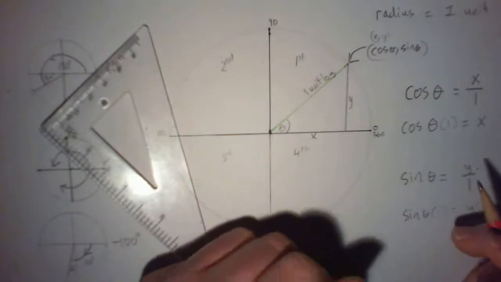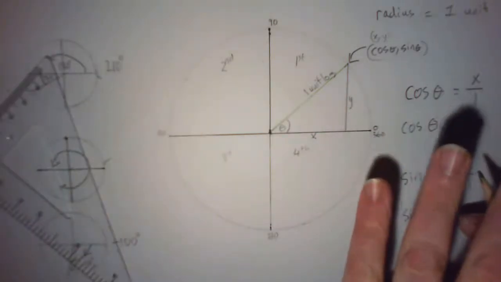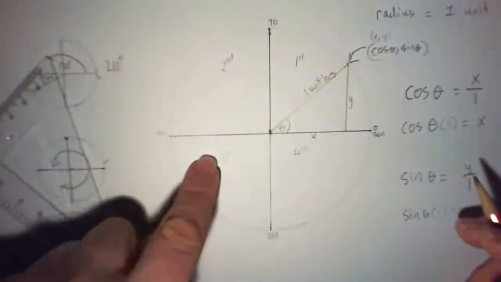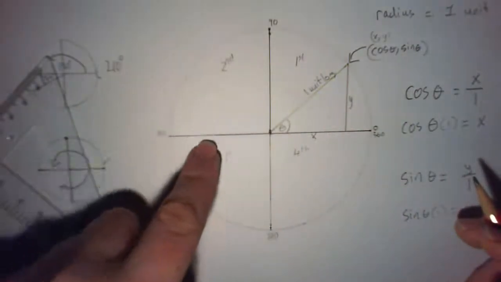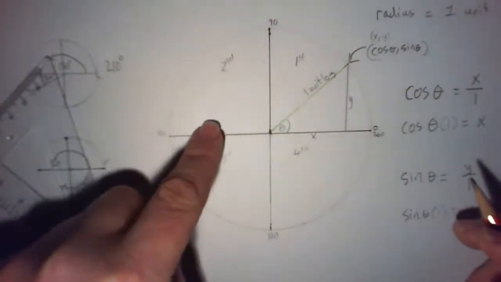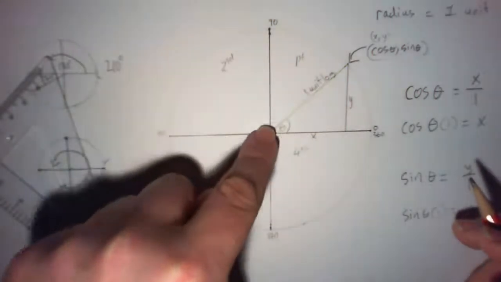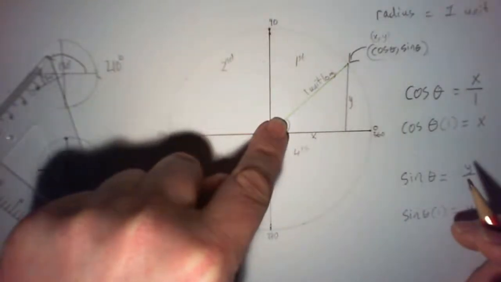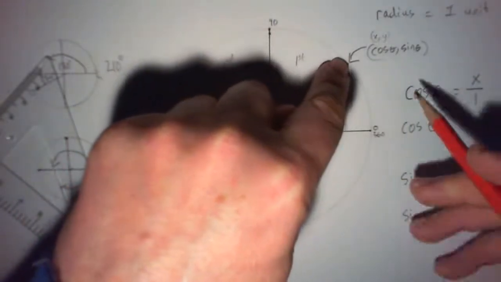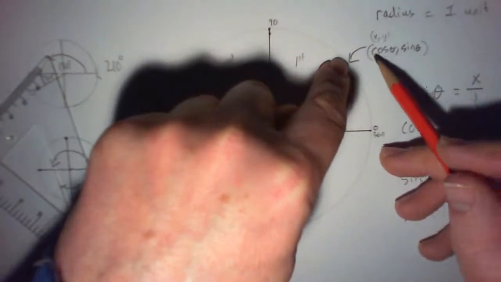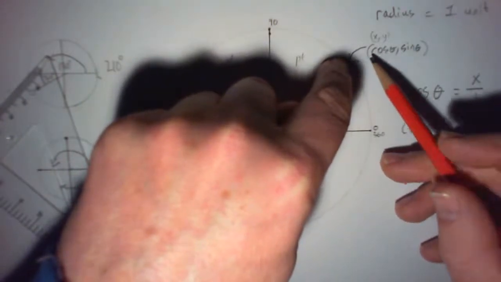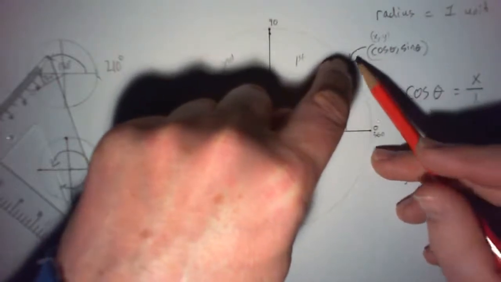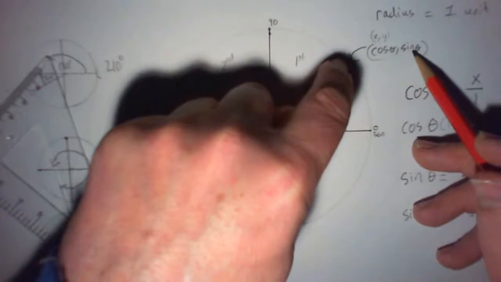So you see what you've done without using a calculator. If you want to find sine, cos of any angle under the sun, all you have to do is make the angle, draw a line to a unit circle, and whatever coordinate you have, the x value is the cos of it, the y value is the sine of it.